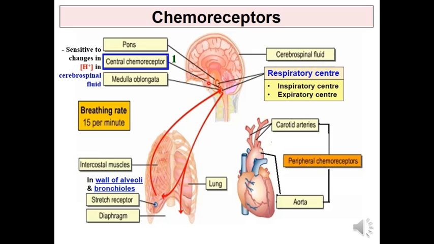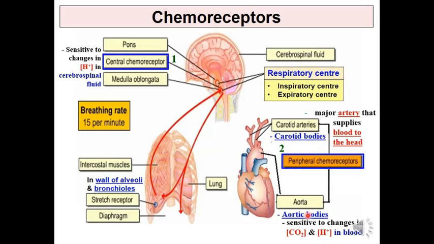And second is the peripheral chemoreceptor that is located at the carotid arteries and aorta. The carotid arteries are major arteries that supply blood to the head, and the aortic bodies are sensitive to changes in carbon dioxide concentration and hydrogen ion concentration in blood.